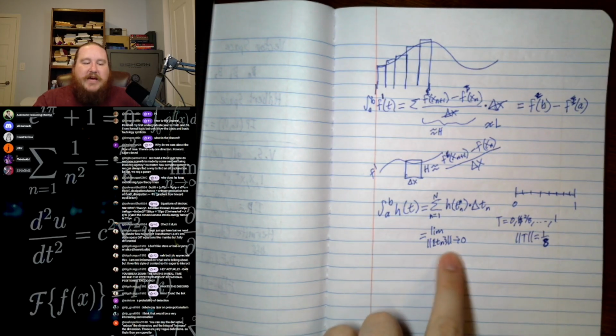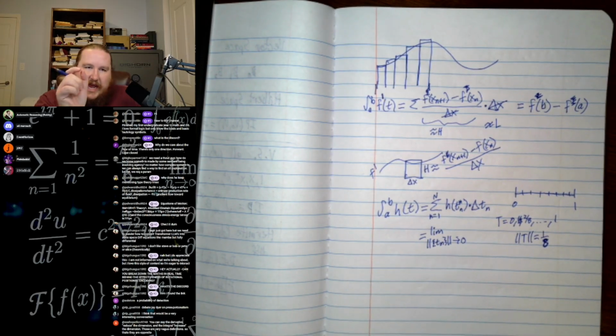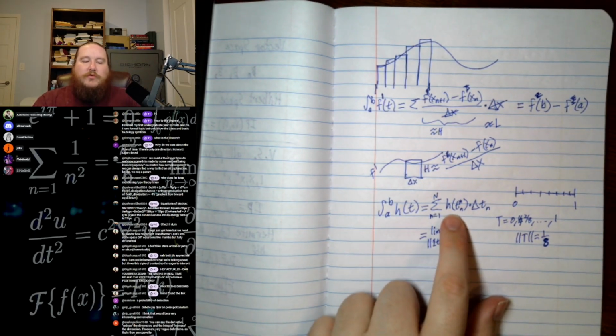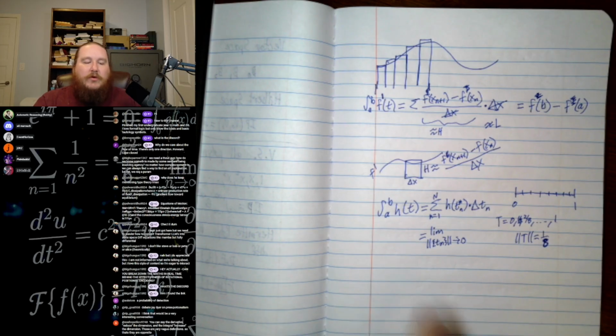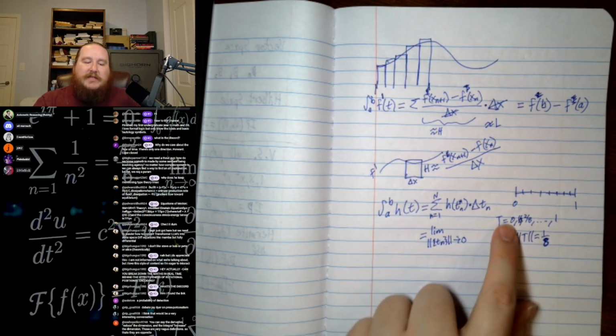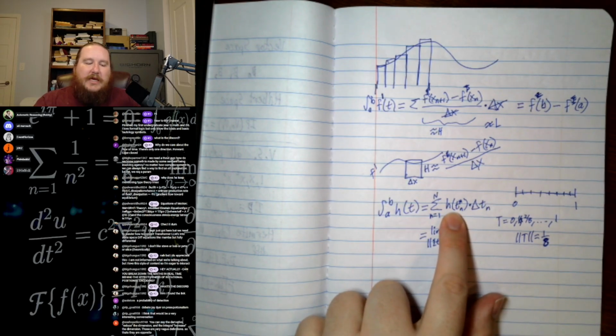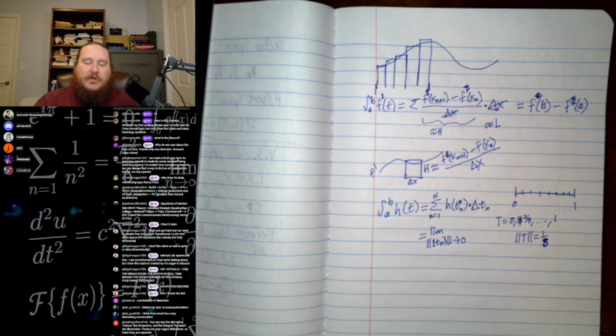As the mesh goes to 0, meaning your rectangles get tinier and tinier, you want the limit of this to be some fixed value no matter what points in between the intervals you pick. So the T_n stars can be anything in between.